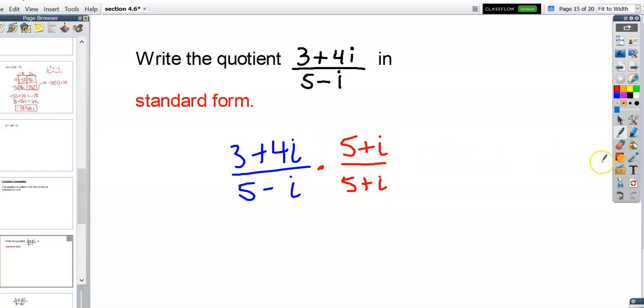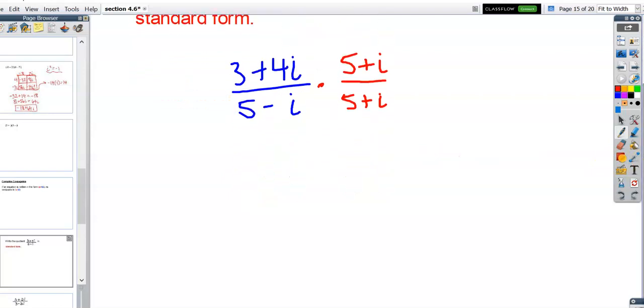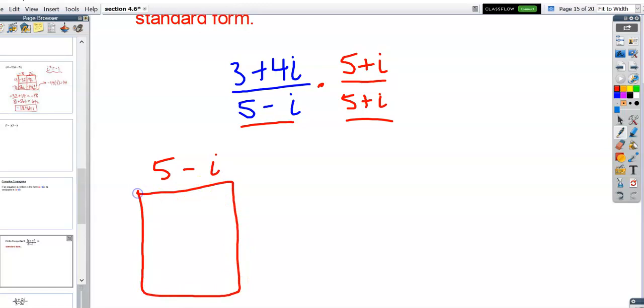We're going to have two different things that we're going to have to multiply out. We'll start with the denominator. I always write the sign in front of the second term when I use the box method so I don't accidentally drop a negative sign.